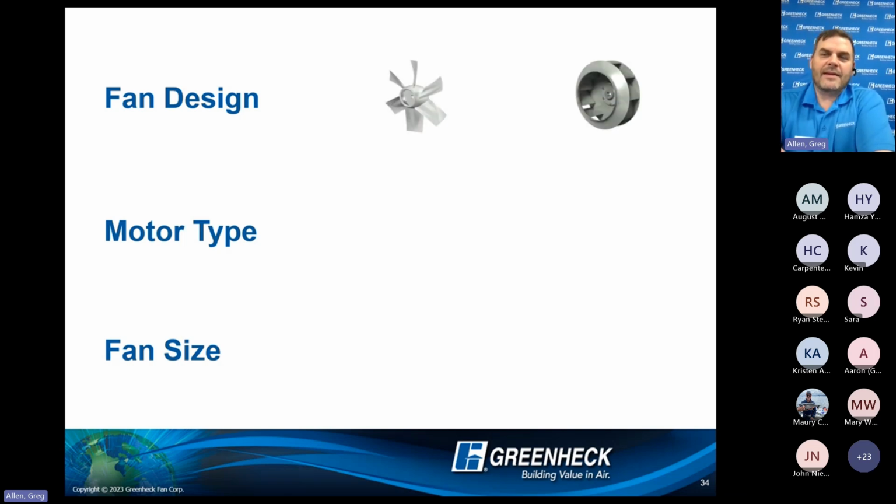When we look at fan design, there are different types of impellers. There's the propeller, the centrifugal wheel, there's mixed flow. The different types of impellers are going to have different ranges where they're more efficient. A propeller is much more efficient at moving high volumes of air against very low static pressures.